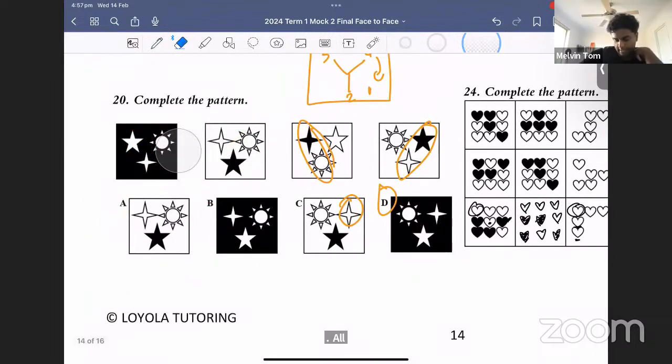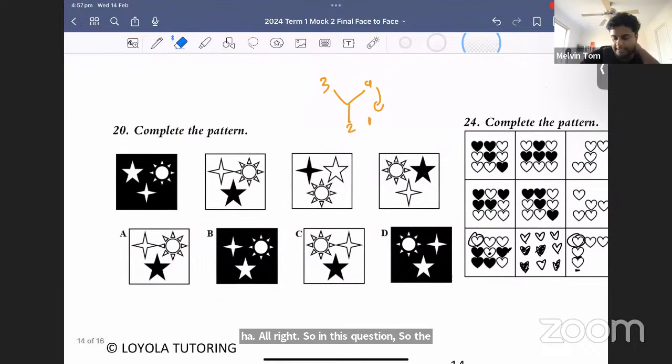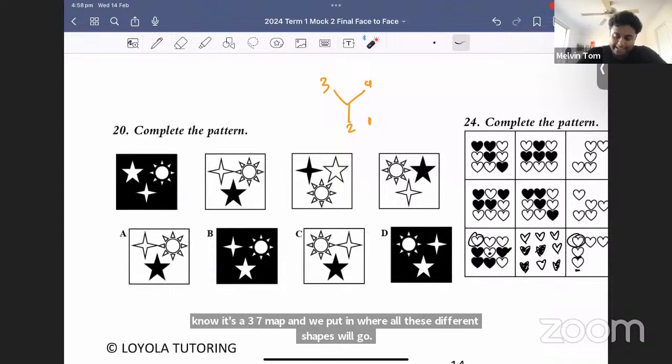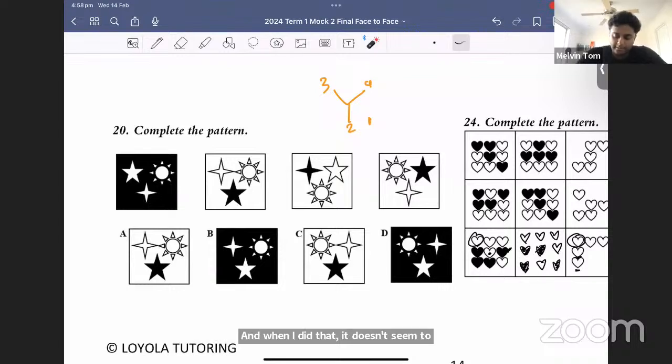So in this question, the first thing we did, Nataya, is obviously we're so used to mapping. So we mapped it out. We know it's a 3-sided map, and we put in where all these different shapes will go. And when I did that, it doesn't seem to make much sense, right? Because it goes +0, +1, +1.